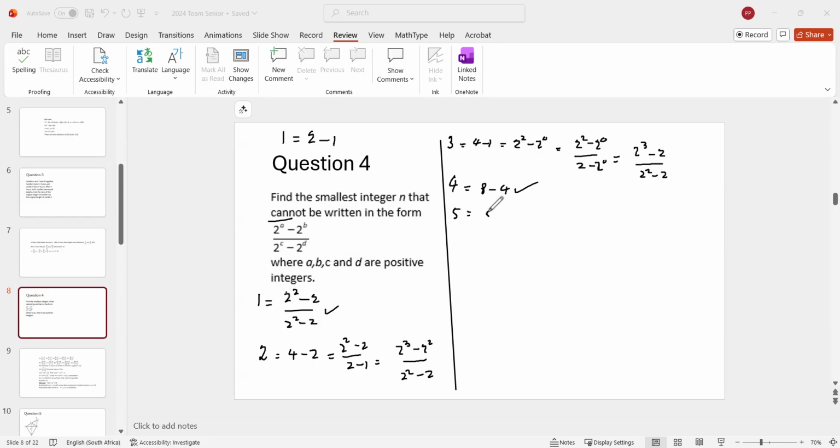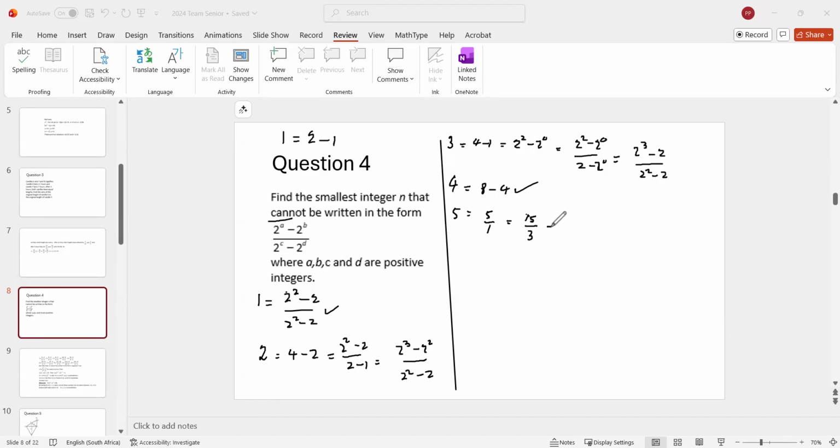But what you have to do is you say that this is 5 over 1, and you see how far it is to the next power of 2. You can get 15 over 3.